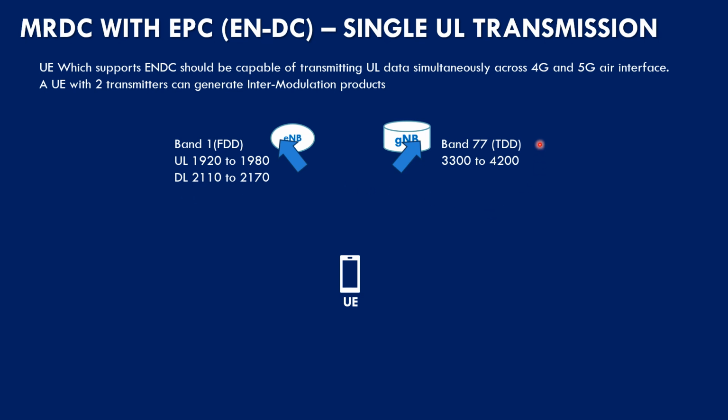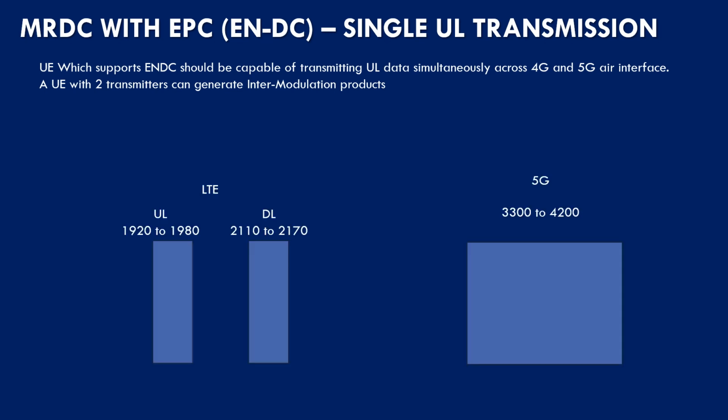While G node B is configured with band 77 TDD, which has frequency from 3300 to 4200 megahertz. Let us plot these frequencies here.